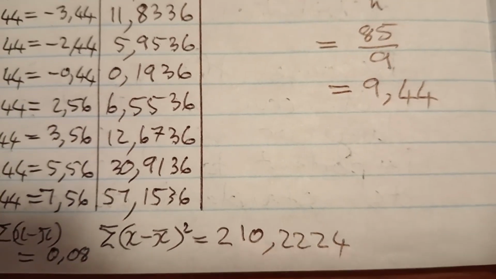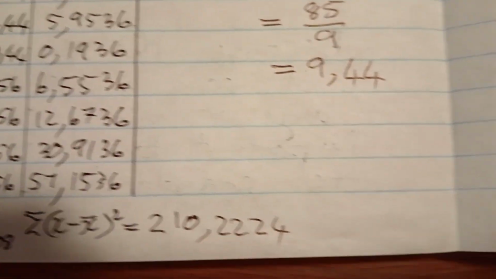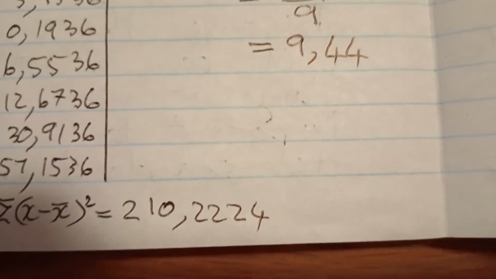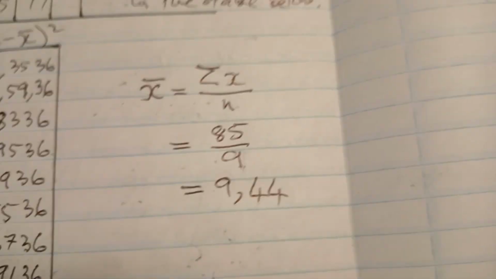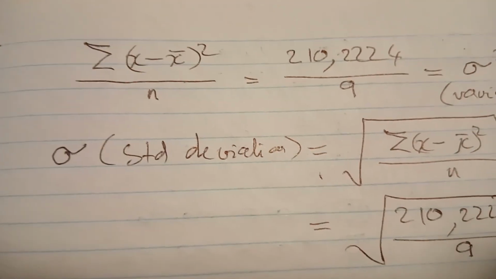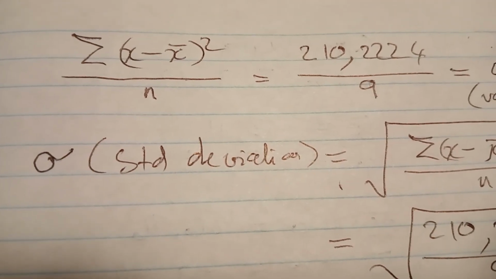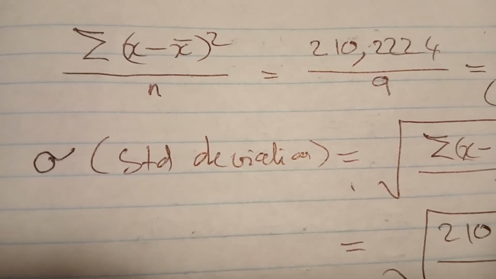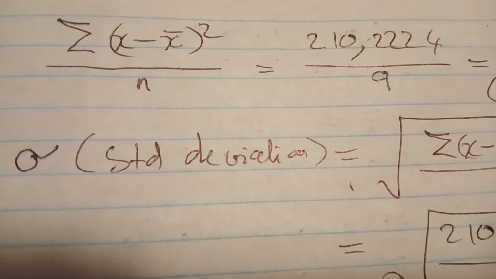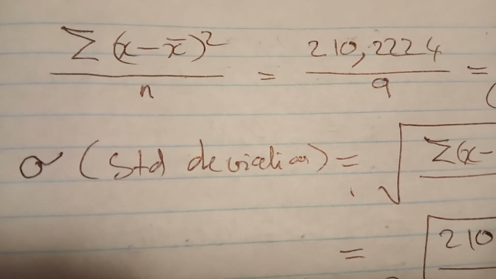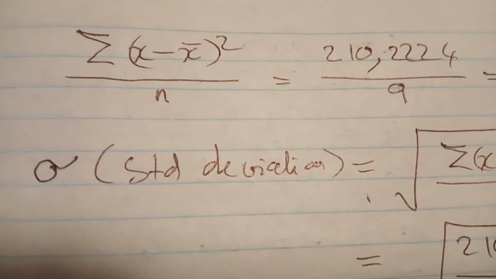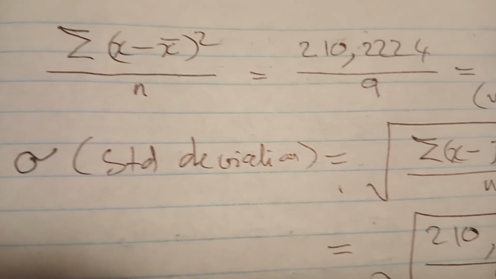Now we add up all of those squares, and we get 210.224. The next step is that we divide the sum of all the squares of the distances between the data and the mean by the total number of data, which is n.